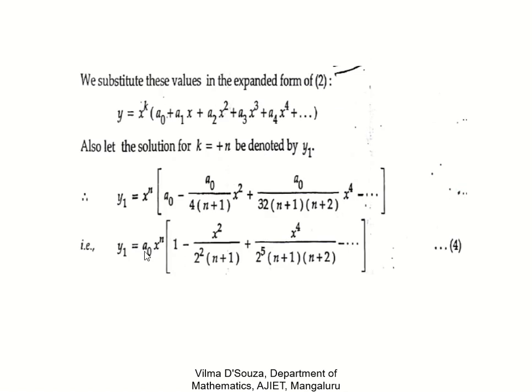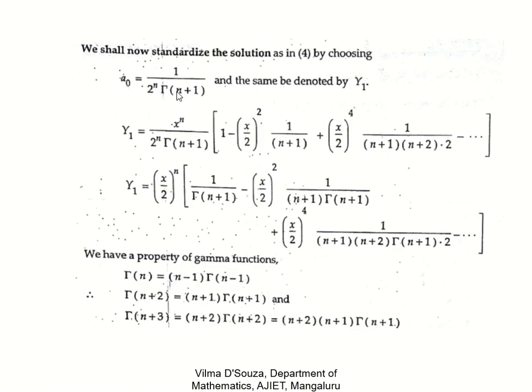So here you substitute for a naught, only for a naught: 1 by 2 power n gamma n plus 1. So a naught x power n, the first term, is x power n by 2 power n gamma n plus 1, into 1 minus x square by 2 square into n plus 1. You can write it as x by 2 whole square into 1 by n plus 1. You have in the denominator 2 to the power 5, so that 2 to the power 4 you can combine with x to the power 4, so x by 2 to the power 4, and one more 2 you can retain as it is.